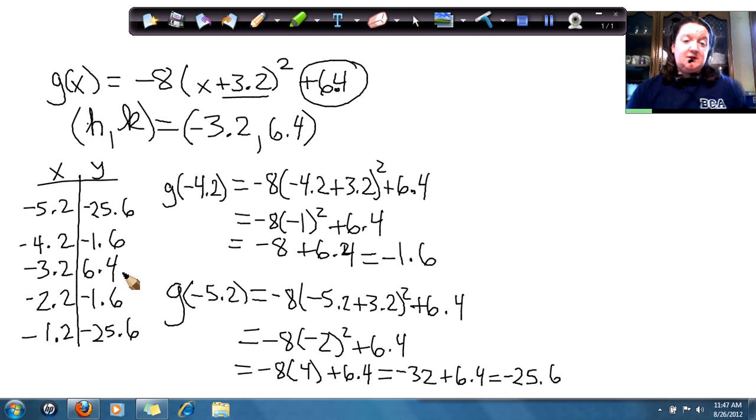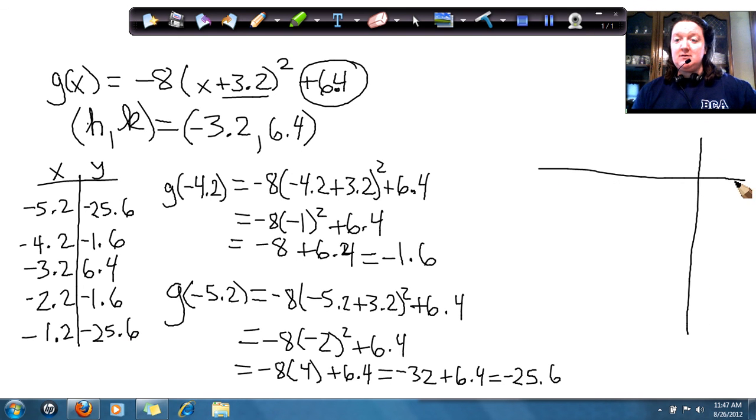So we know that our x values are all negative, and the majority of our y values are also negative. So we're going to draw a graph that's like this, dealing with the third quadrant. We're going to go to negative 3.2, so 1, 2, 3, 4, 5, and 6, and we're going to call this 6.4.